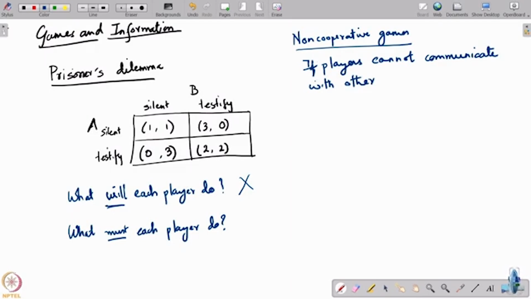So this is when players cannot communicate with each other at all. So the prisoner's dilemma game that I just showed you is a non-cooperative game.